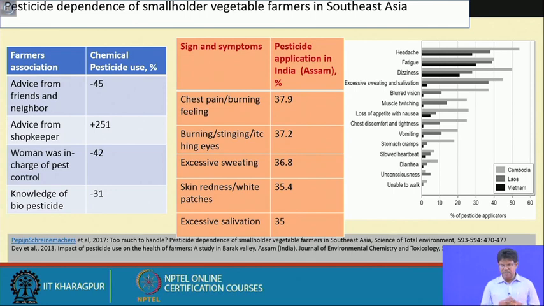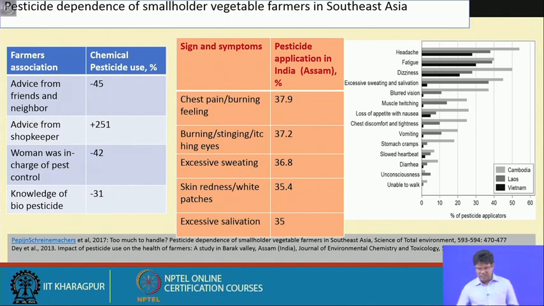Many farmers were interviewed, asking what symptoms they observe and complain about after applying pesticides. We also collected basic information on how pesticide use among the farming community is associated with other farmers, neighbors, dealers, or shopkeepers.